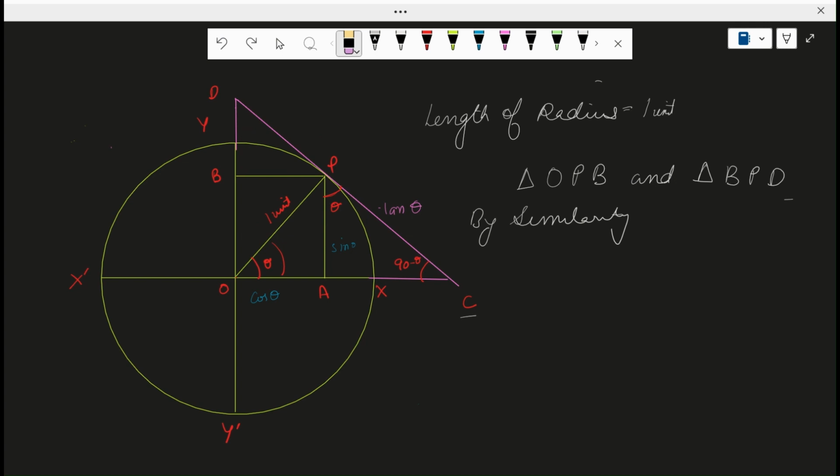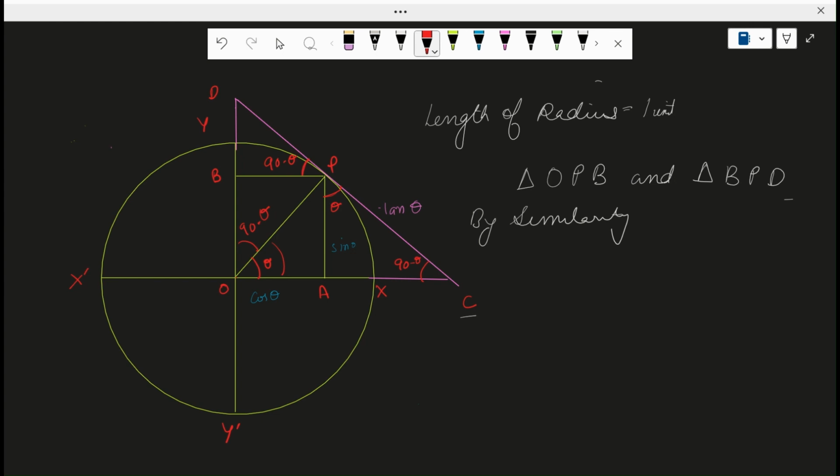So we will be calculating things on this angle 90 minus theta, so we have understood this, we can remove here 90 minus theta. This will be again 90 minus theta. Right.